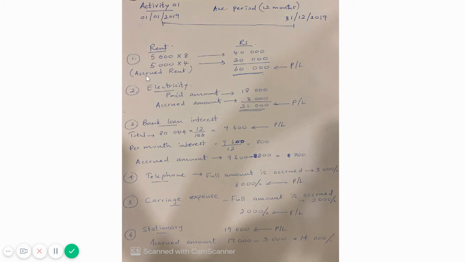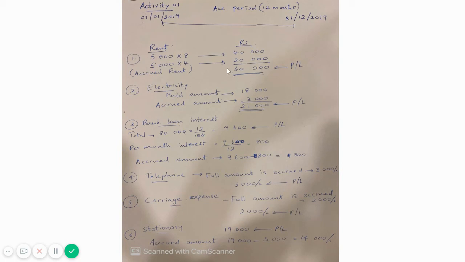Then the accrued rent will be 5,000 into the next 4 months, which they have not paid. That is the accrued rent, which is 20,000. So the 40,000 is the amount that has been paid already, and 20,000 is the amount which is accrued or to be paid.